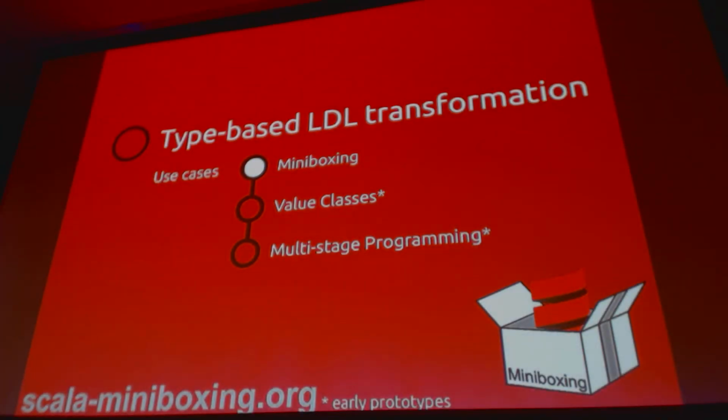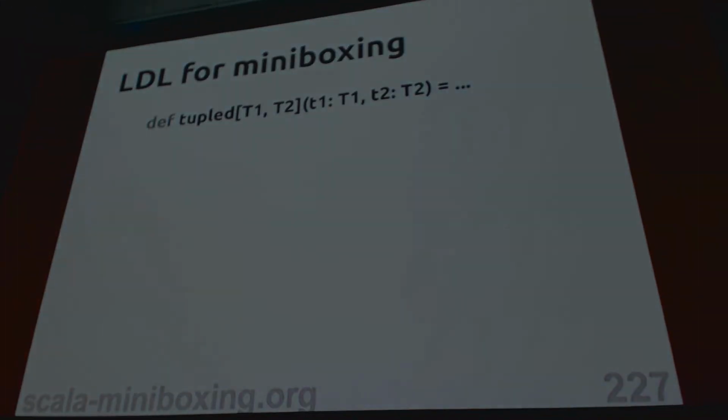Let's see some use cases now. So I hope I convinced you the transformation has these three properties. For miniboxing, if we try to use it, let's see again the tuple method, the one that was making 100 versions of the tuple method in specialization. With miniboxing, the way you translate it, you would first duplicate the body.